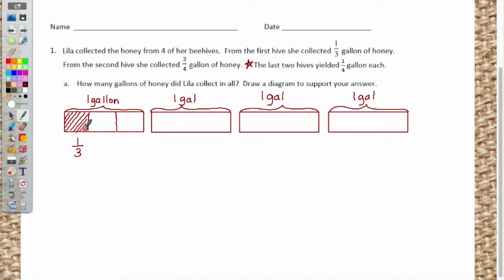So that's hive number 1. Okay. The second hive, what did she collect? 3/4. So I'm going to shade 3/4 for the second hive.